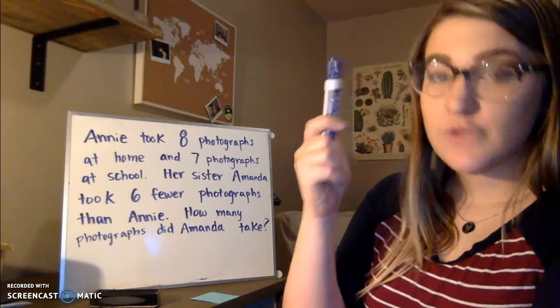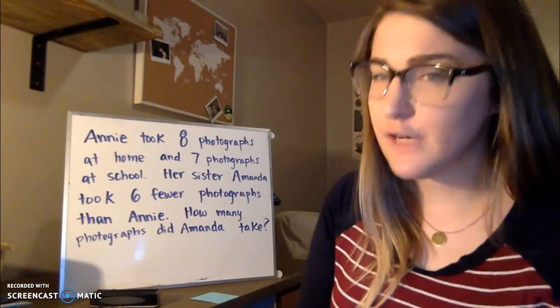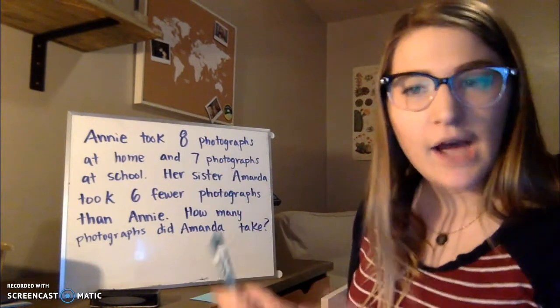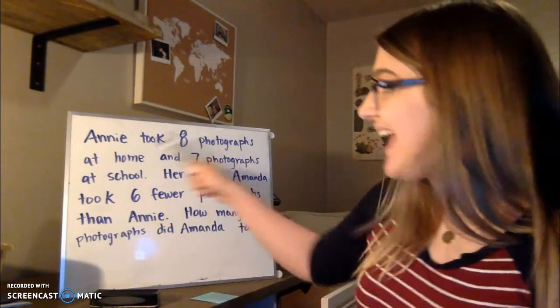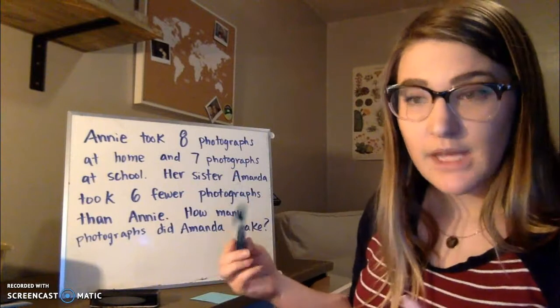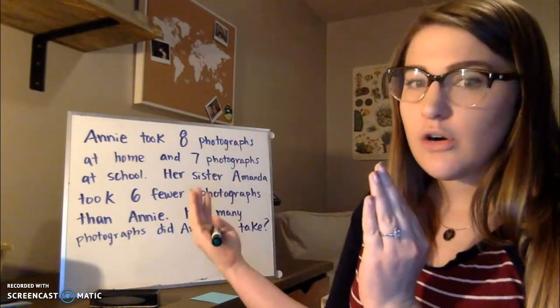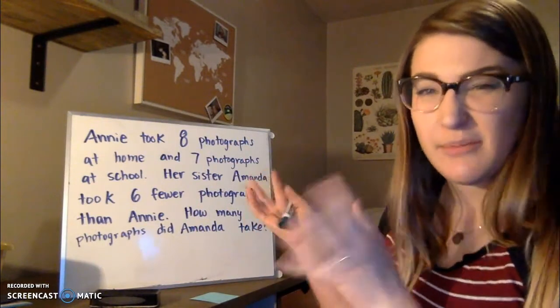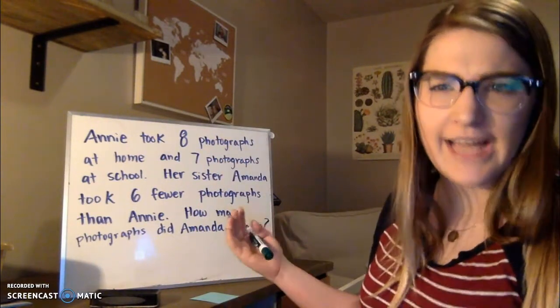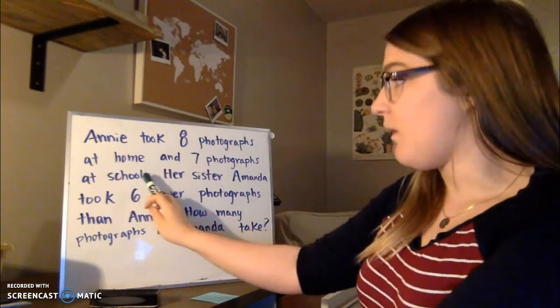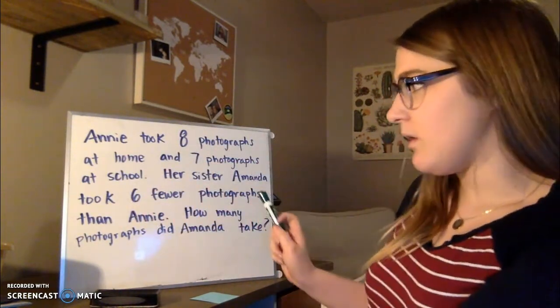All right, so the first step that we would have to figure out of this word problem is how many photos did Annie take altogether? Because if we don't know how many Annie took, then we don't know how many Amanda took because she only took 6 fewer than Annie took. So Annie took 8 photographs at home and 7 photographs at school.